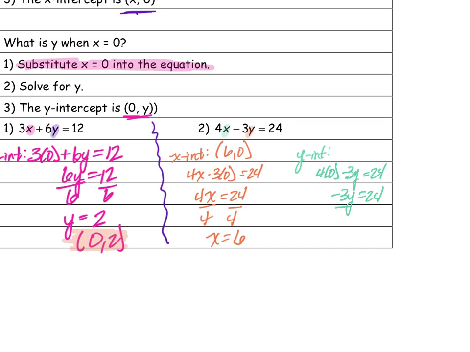So divide by negative 3, and y equals negative 8. So my y-intercept will be 0, negative 8. So here's my two answers, here and here. And I should probably include which one so you know which one's which. Okay? Questions so far?